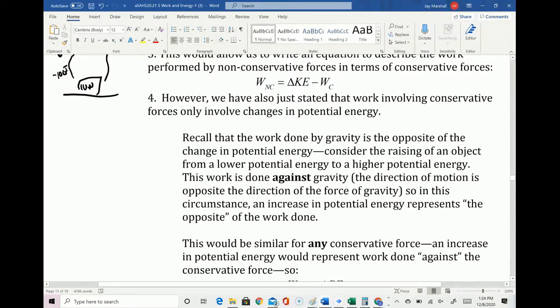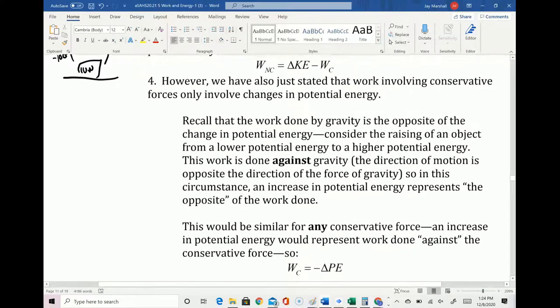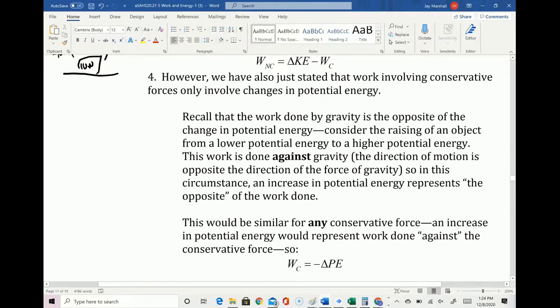This would be similar for any conservative force. An increase in potential energy would represent work done against the conservative force. So I can say that the work done by the conservative force is the opposite of the change in potential energy. Okay? Hopefully that makes sense.